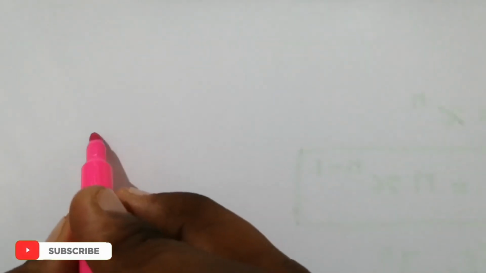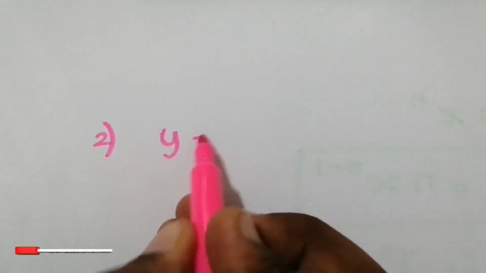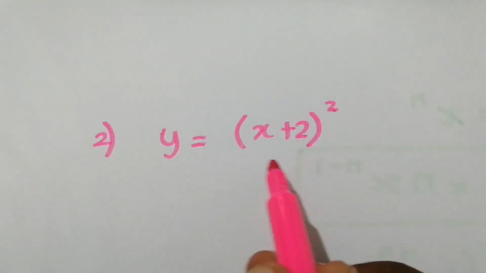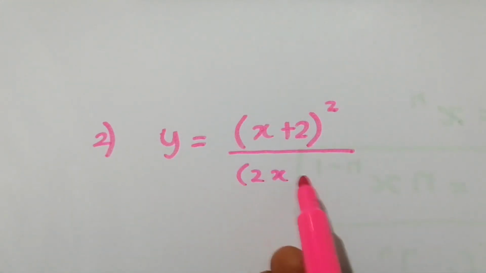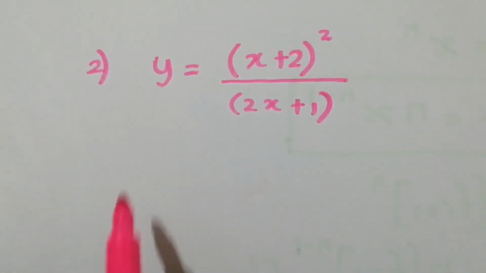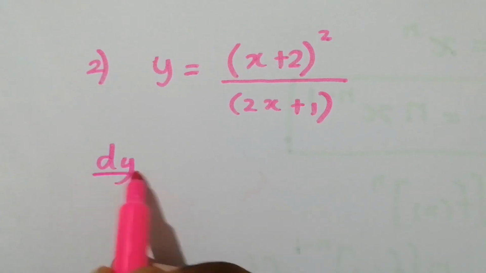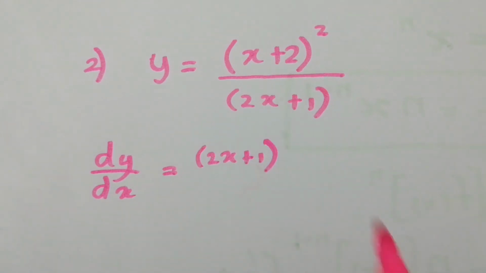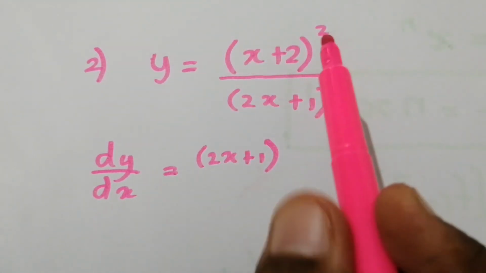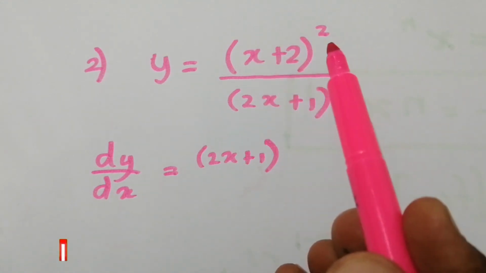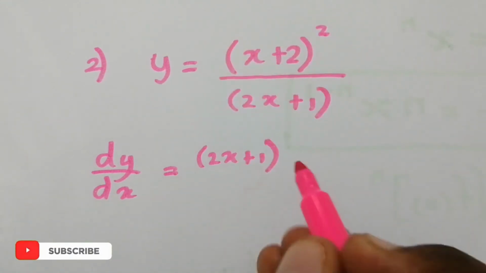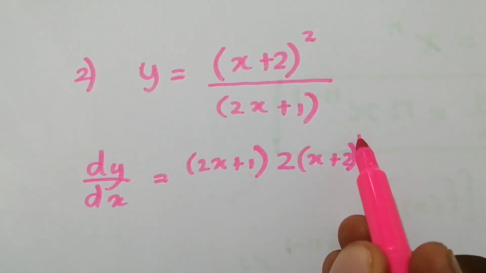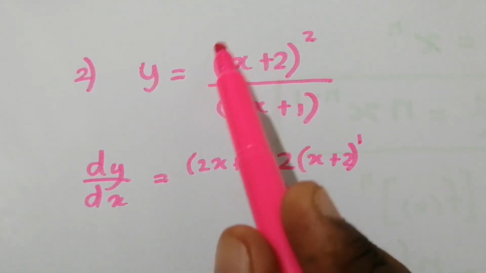The next question is y equal to (x plus 2) to the power 2 upon 2x plus 1. Now I am going to write the derivative dy upon dx is equal to the denominator, 2x plus 1, times the derivative of the numerator. Here it is expressed as a power of a function, so 2 times (x plus 2) to the power 2 minus 1, that is 1, times the derivative of this function.